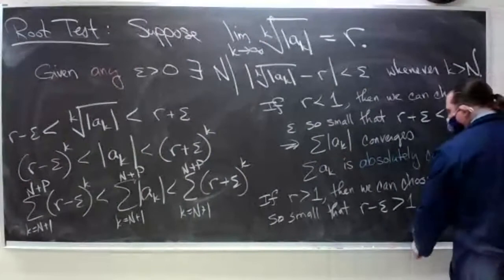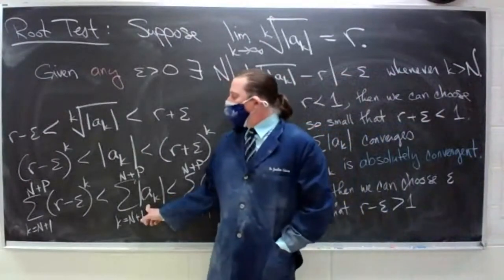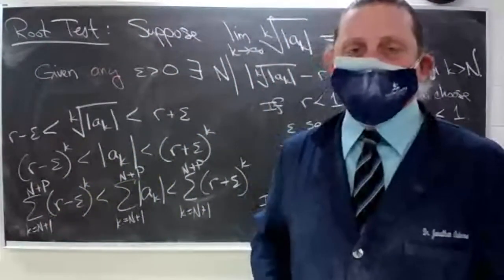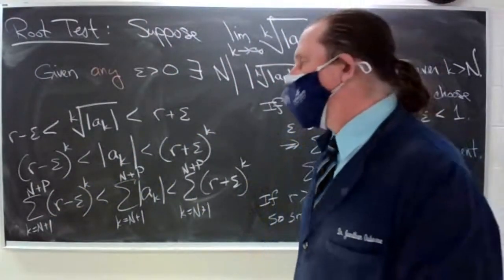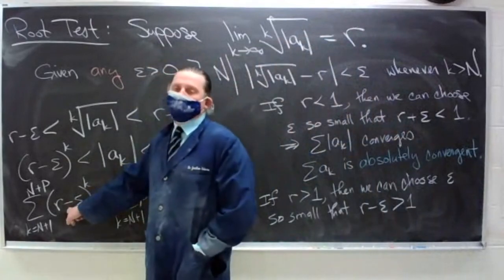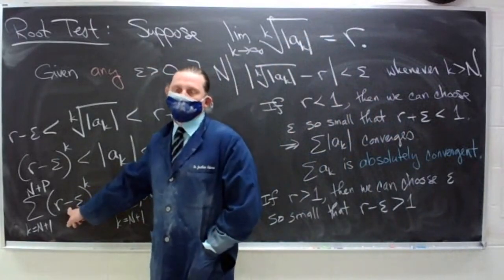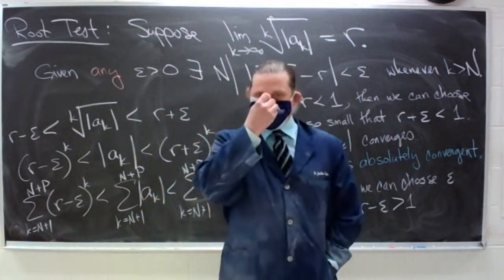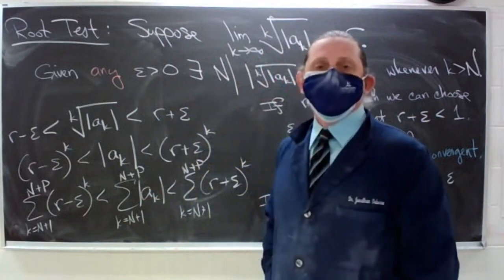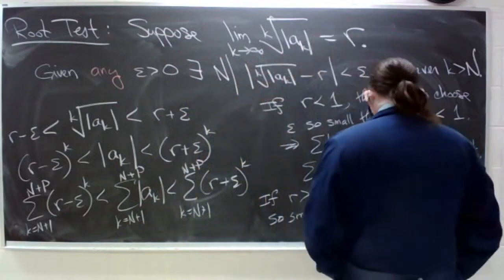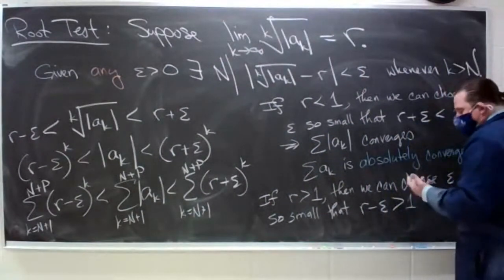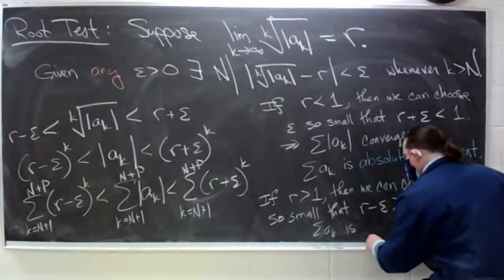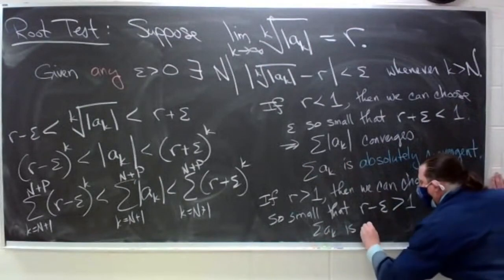That means that the sum of the absolute values here is larger than a divergent geometric series. This can't be made less than epsilon because the series diverges. Since that's larger, it also can't be made less than epsilon. And that means that the absolute series diverges. So we would say the sum is absolutely divergent.